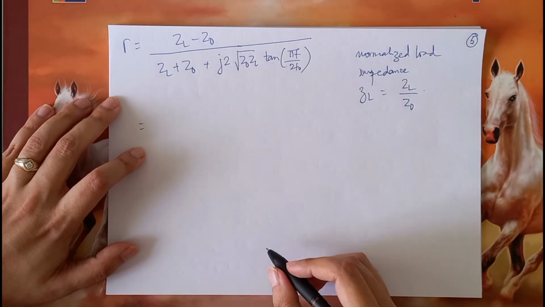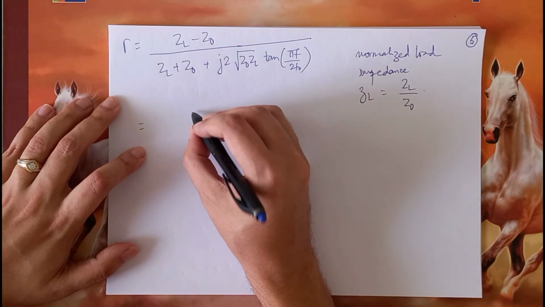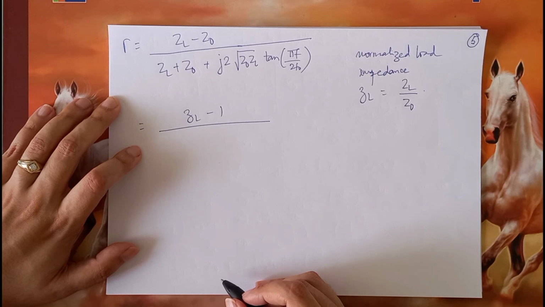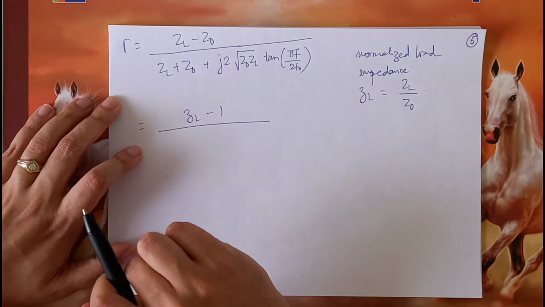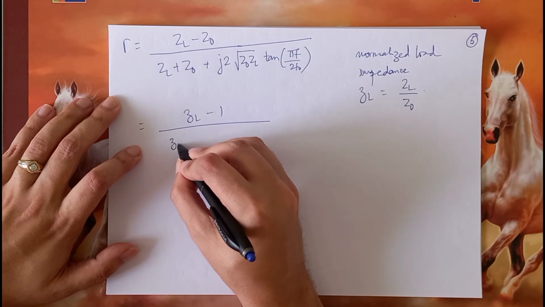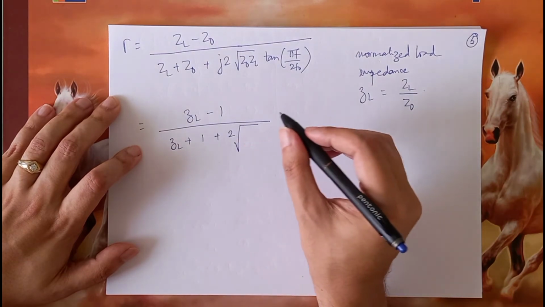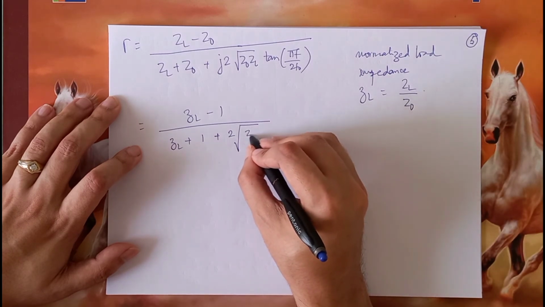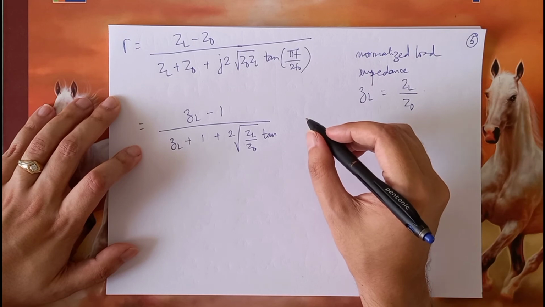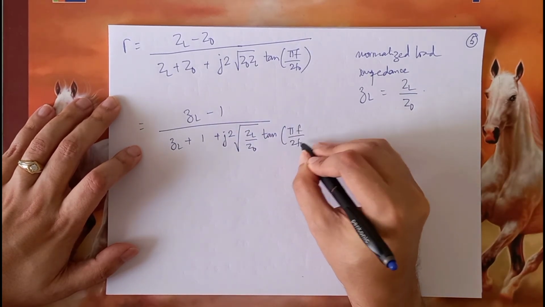So what we can do is, if you divide the numerator and denominator by z0, what we will get is small zl minus 1 divided by, right?